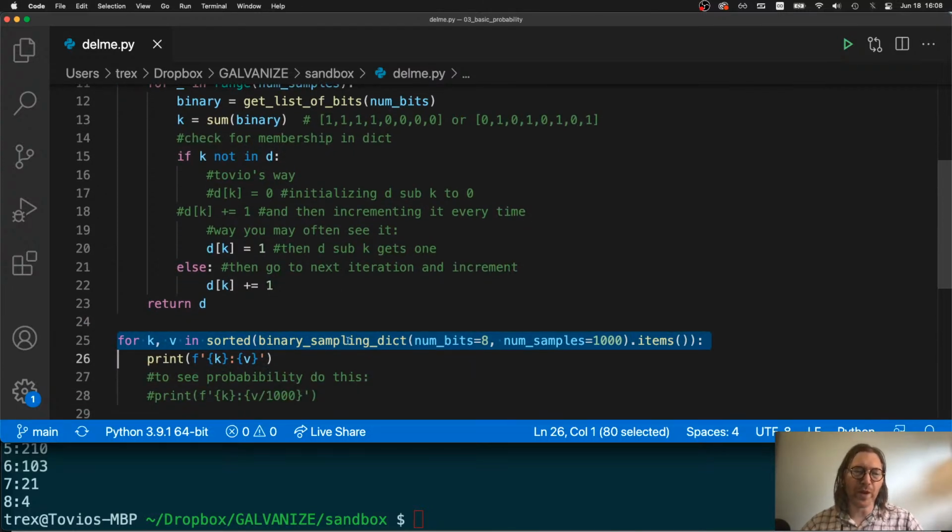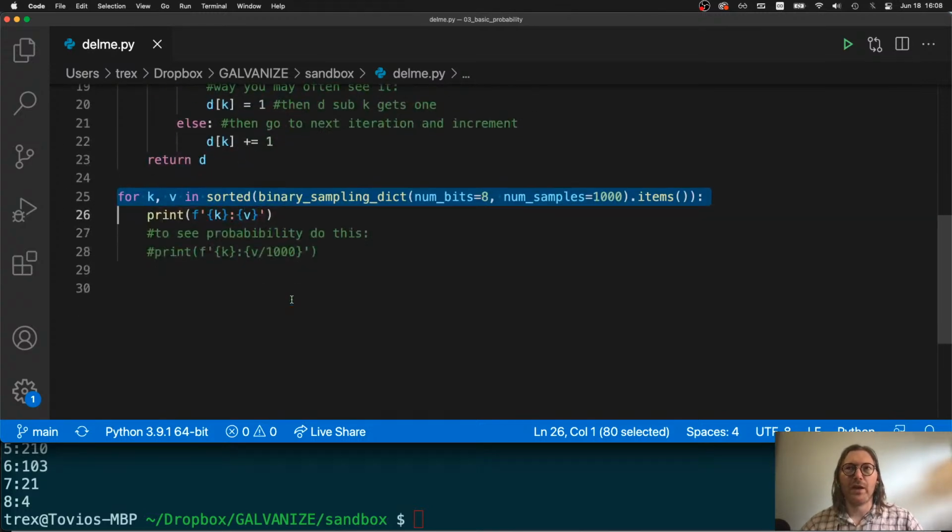If we use the binomial PMF, we could populate a dictionary with the keys as the number of successes that occur, or the number of 1 bits, and multiply the probabilities associated with those by 1,000. That should get us the theoretical counts, what we would actually expect, and not what we're observing when we sample.